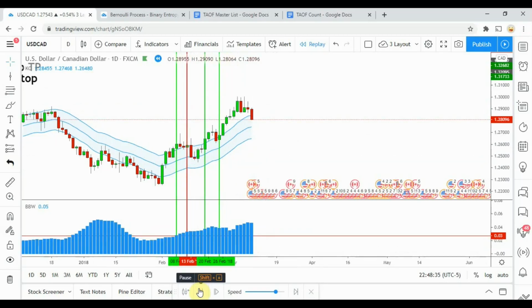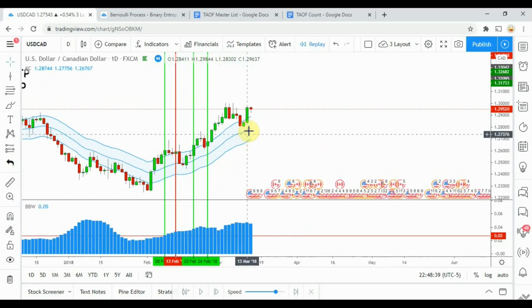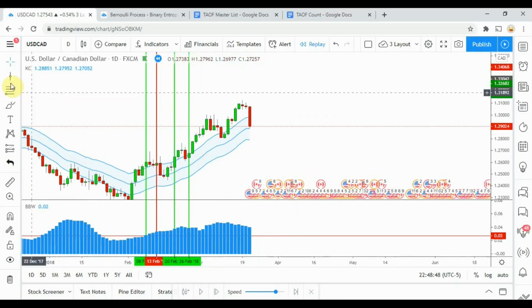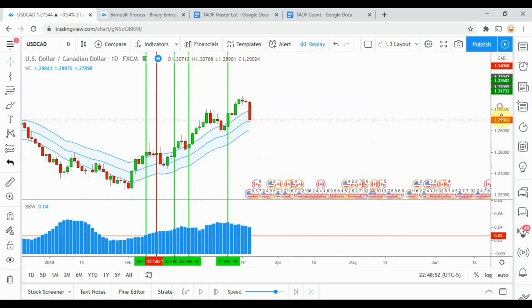Let's go ahead and continue forth. There would be another valid entry into a long position right there. Play it forward some more, and you see that once again we get another winning trade.